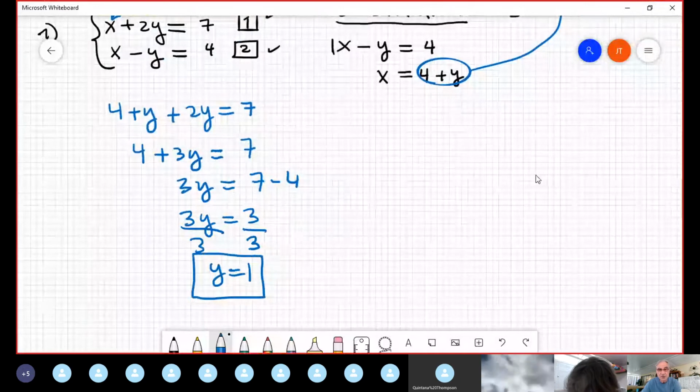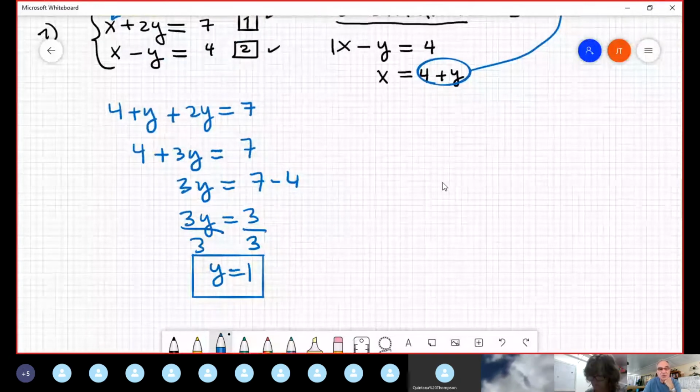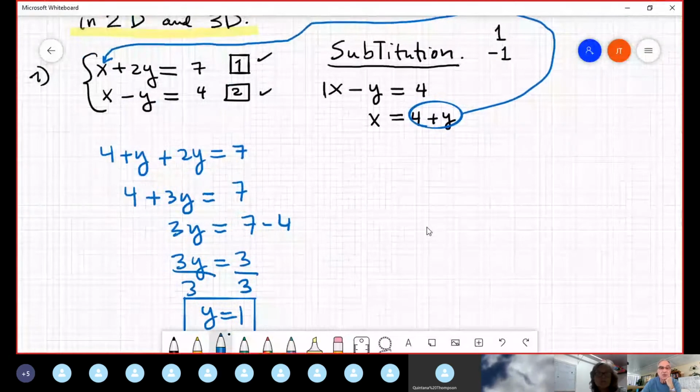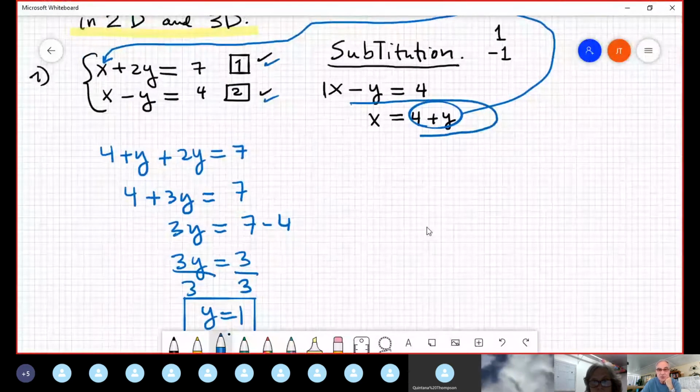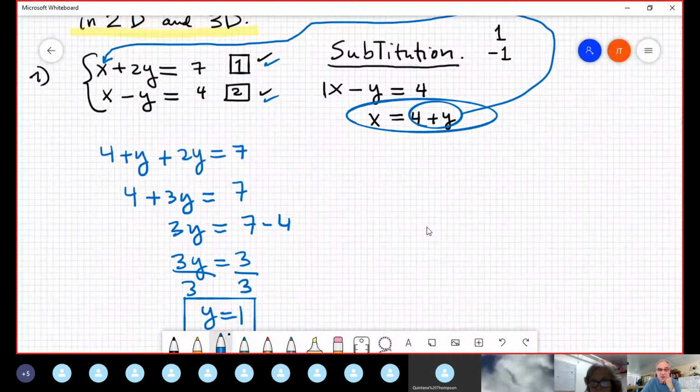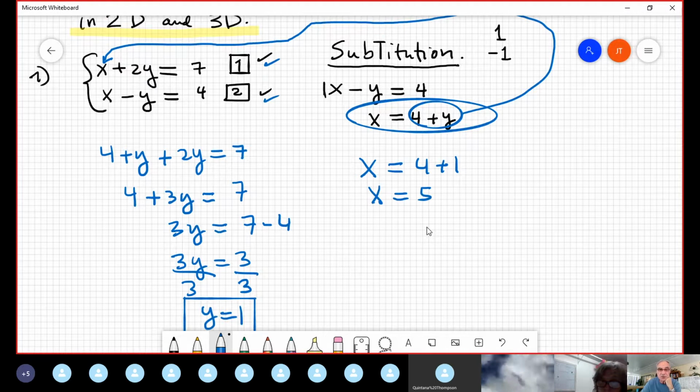Now, in order to find the value of x, you can substitute in either equation, the equation number 1 or the equation number 2, but I prefer the equation number 2, which is waiting for me because x is isolated. x is equal to 4 plus 1, x is 5. And the solution set is the only pair (5, 1).